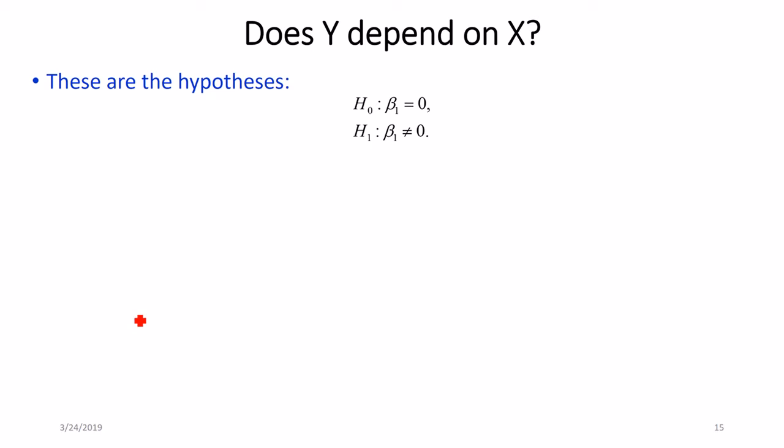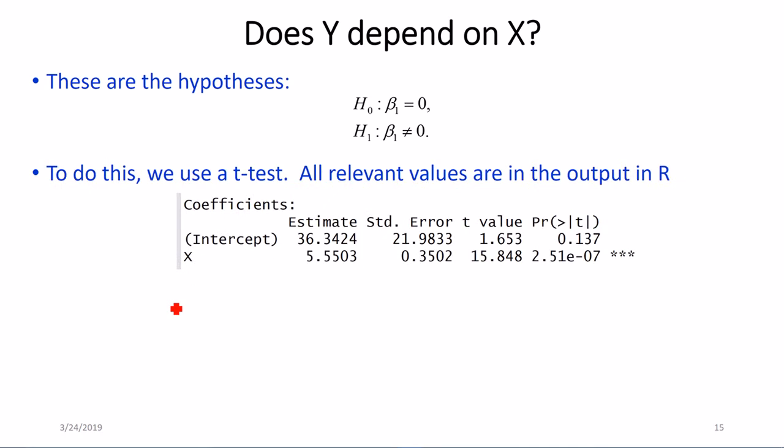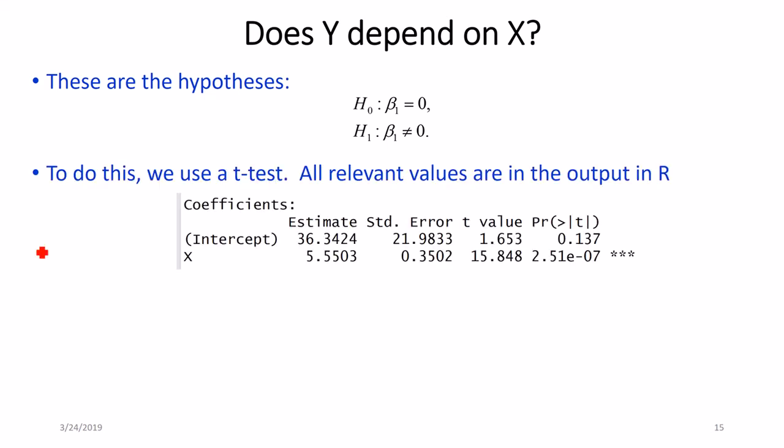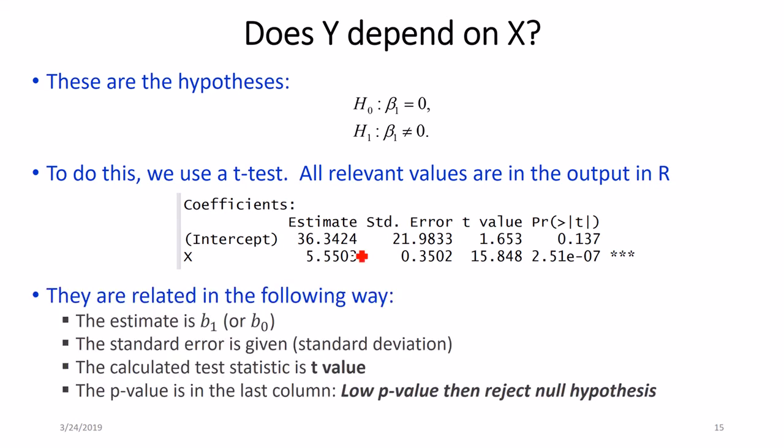In R, you can use a summary function given a model, which gives the result of a t-test. The first column shows the estimates for B0 and B1.